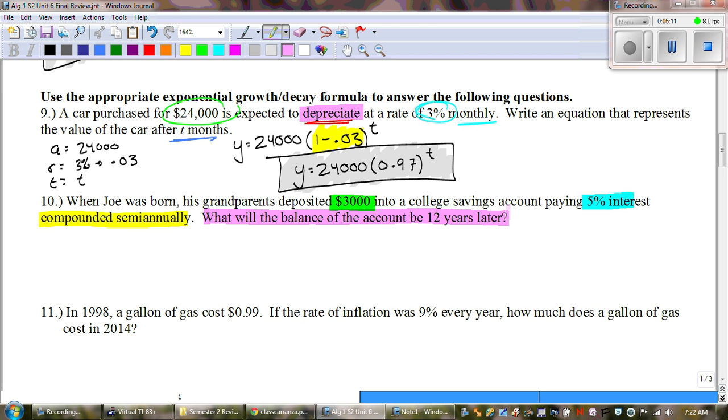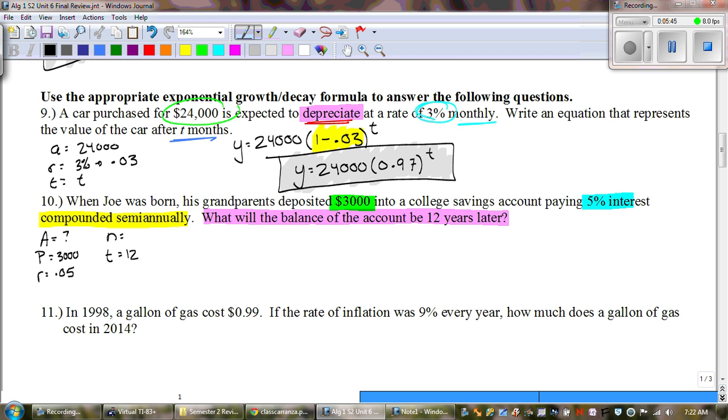This is compound interest, so that's where we use the capital A, the P, the R, the N, and the T. The account balance is what we're looking for. The principal, the starting amount, was 30,000. Our rate was 5%, so that's 0.05, and the t was 12 years.